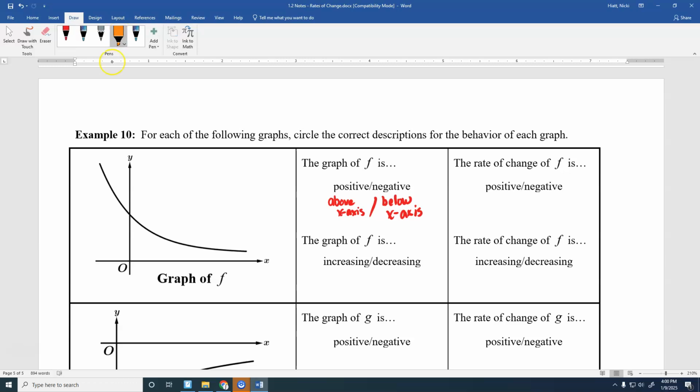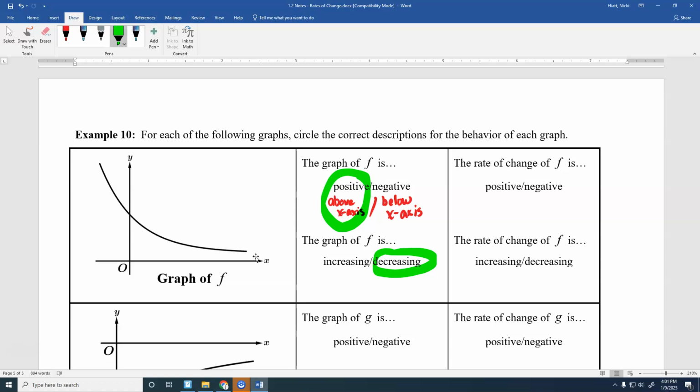So in this particular case, this will be positive because this entire graph is above the x-axis. And then the graph of f is either increasing or decreasing. On this, you just want to start on the left, go towards the right, see if you're going up or down. You are definitely decreasing right here, so you would be decreasing for the graph of f.